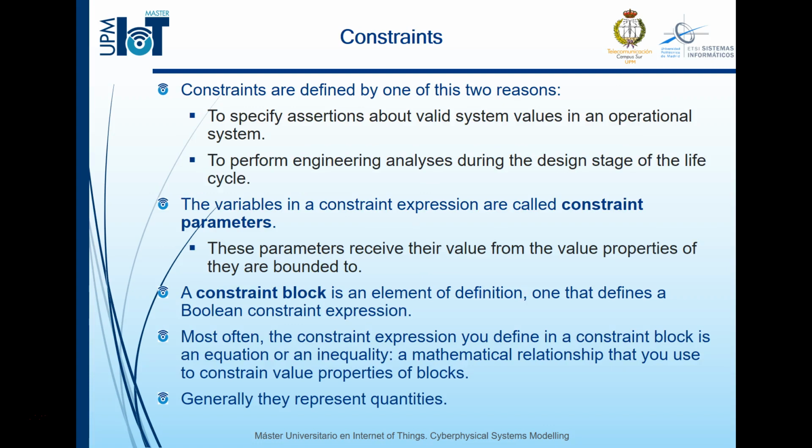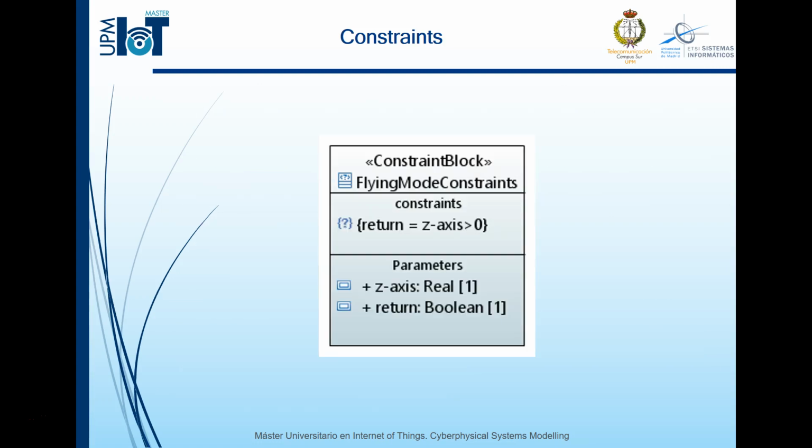Constraints, let's leave constraints till the end, because it's more important to start with the second part. But constraints, in brief, is another block that you can define to apply some restrictions for the system. So let me explain this concept before.